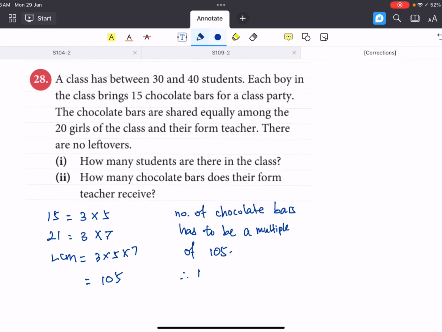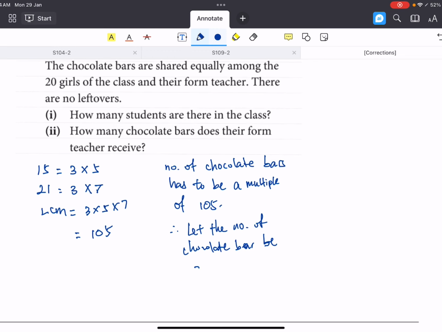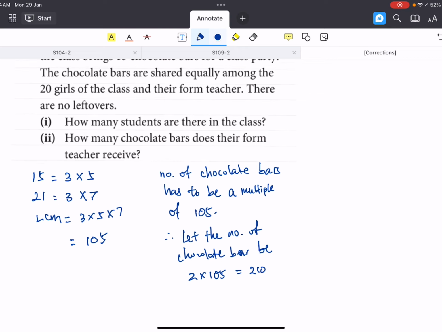Therefore, let the number of chocolate bars be 2 times 105, which is equal to 210. That will work out fine, right?